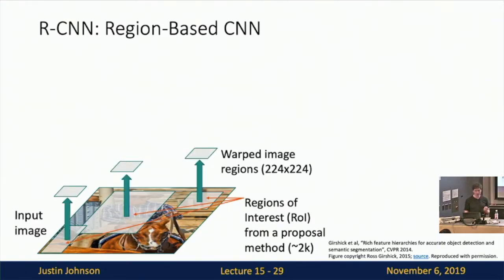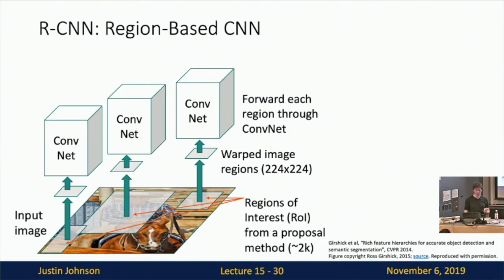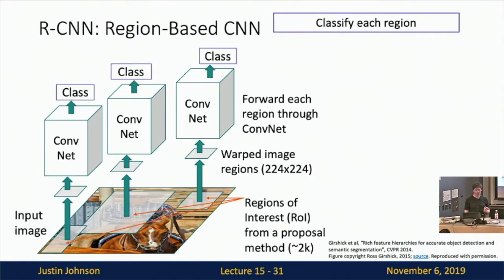And then for each of these candidate image regions, which could all be different sizes and different aspect ratios, we're going to warp that region to a fixed size of something like 224 by 224. And then for each of those warped image regions, we're going to run them independently through a convolutional neural network, and that convolutional neural network will output a classification score for each of these regions.